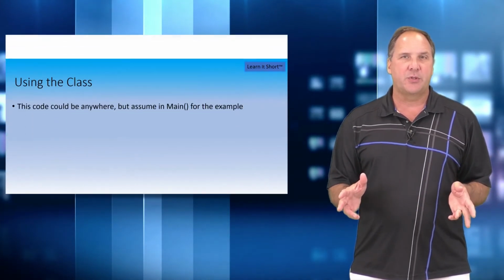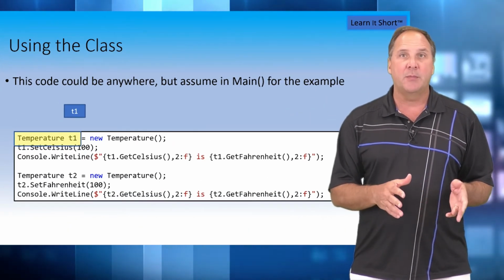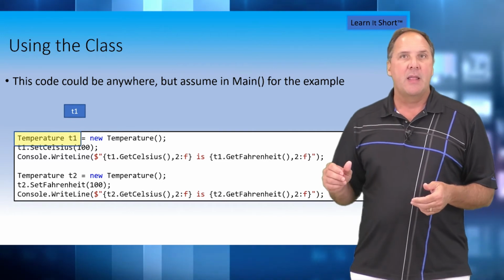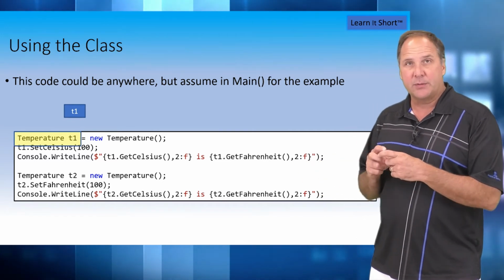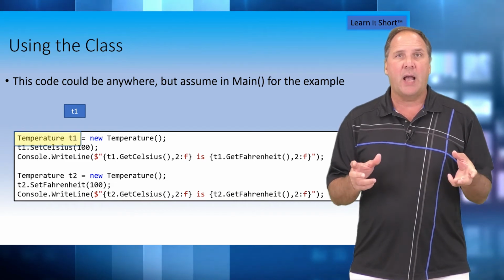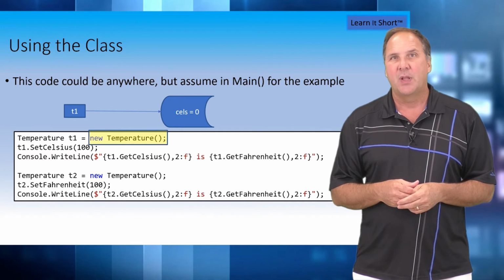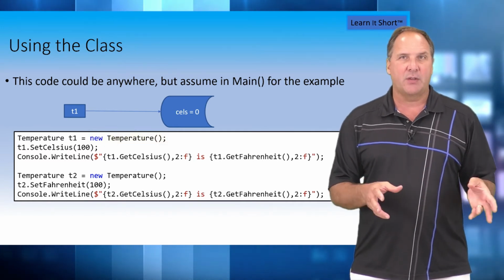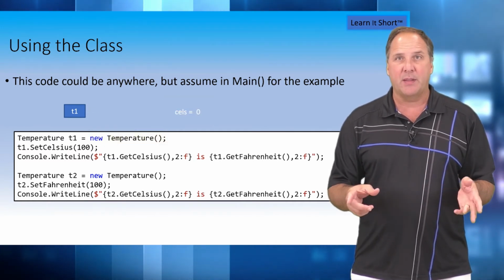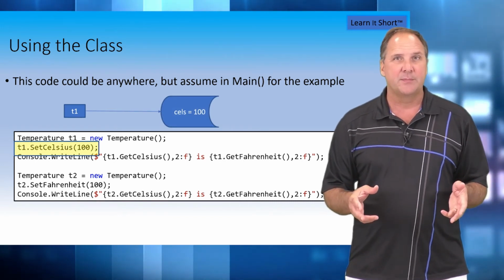To use our temperature object, we define the temperature variable named T1. That allocates the reference, and it'll be null initially. The new keyword allocates the object, whose data is initially 0. When we set the Celsius value to 100 by calling the set method, the internal value changes to 100 as well.